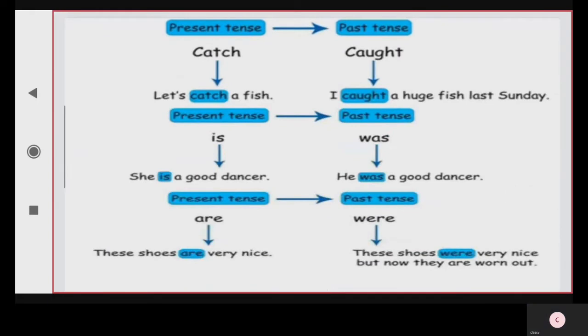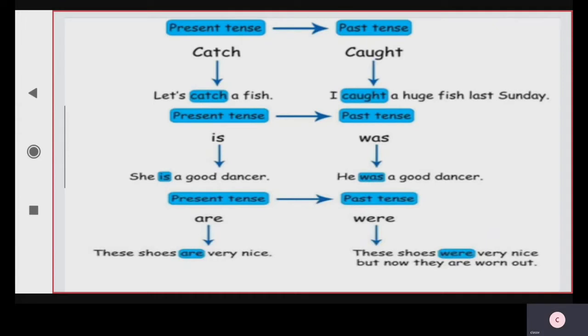Next, let's catch a fish. Here, the verb catch is in present tense. I caught a huge fish last Sunday. The verb caught is in past tense.